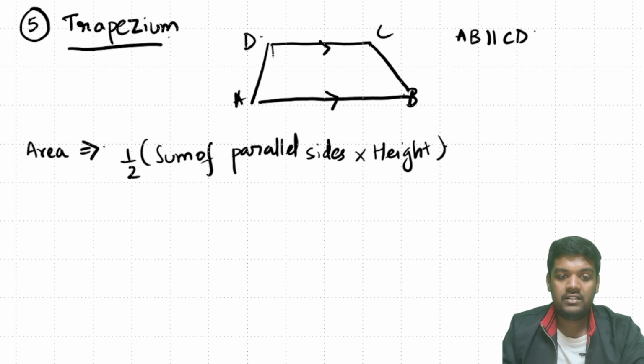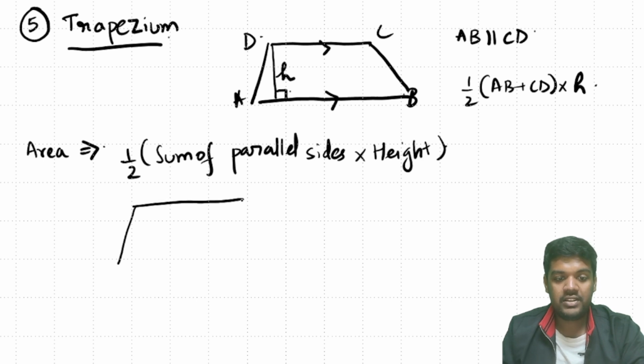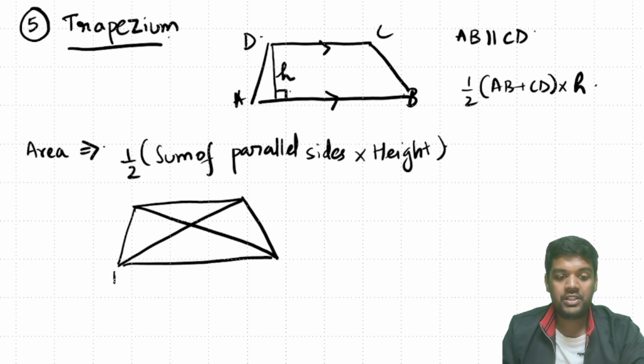So let's say if this is the height of the trapezium, so this the formula of area क्या हो जाएगा? Half into AB plus CD into height. Let's say this is denoted as H. Okay. Also, जो diagonals of trapezium है, let's again draw it here. They are in proportion.